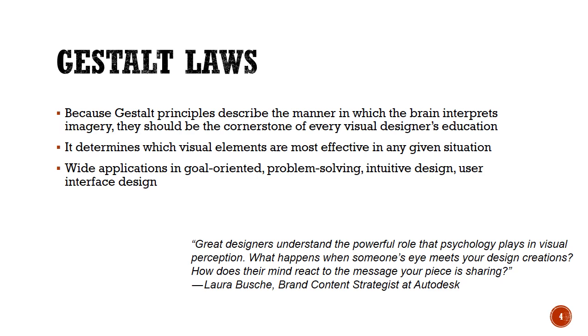As we are working in both the technical and also the usability part of web development, hence Gestalt principles are very relevant to us. It determines which visual elements are most effective in any given situation.